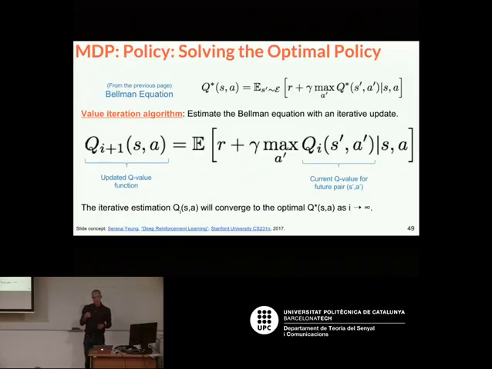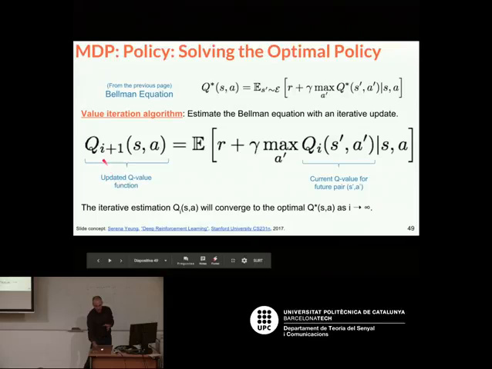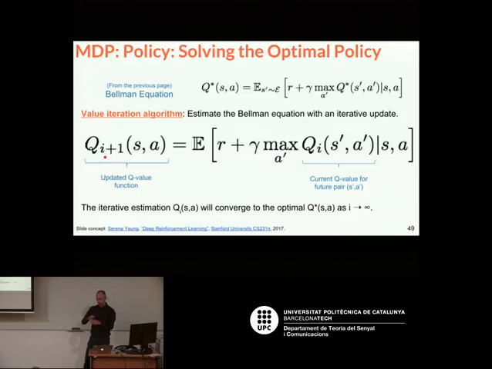The problem here is how to estimate this Q function, which, given a state and action, tells me the best reward I can get. How do you estimate that? That's very complicated. One way to do it is something called the value iteration algorithm, where you do it in an iterative way. You try to estimate this Q function iteratively.